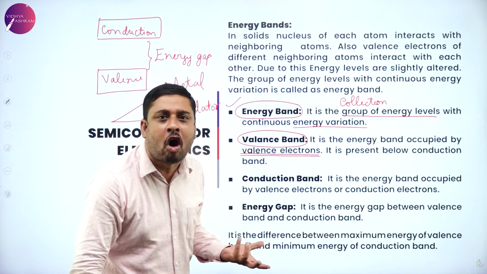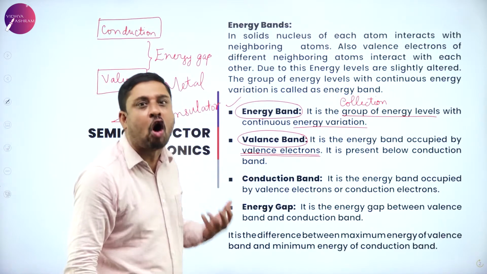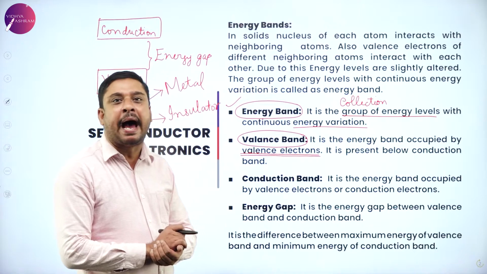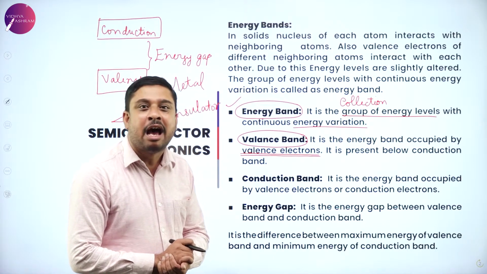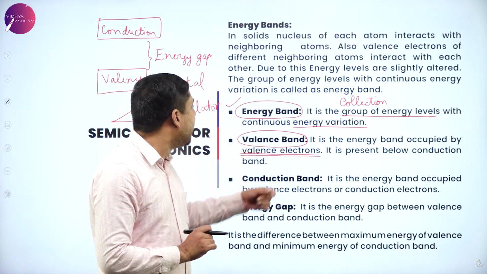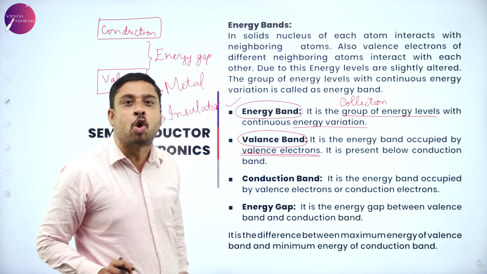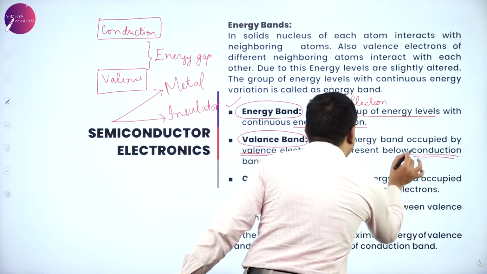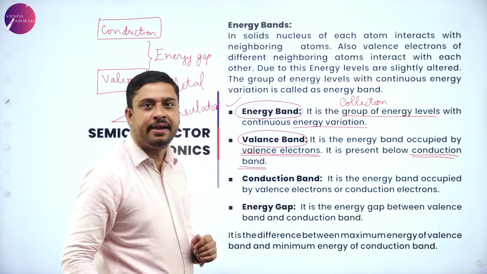Outermost electrons called valence electrons. So we say a valence band is a residence house for valence electrons, and as clearly shown in the picture, it is present below the conduction band.